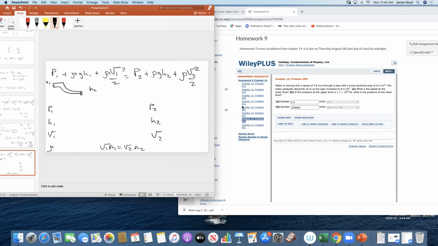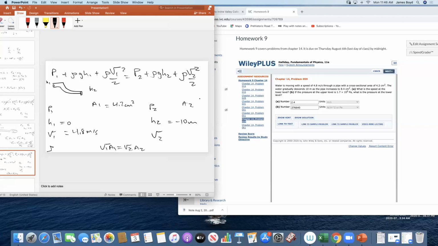They told me that it has a speed V1 of 4.8 meters per second, and that the cross-sectional area, sorry, I really should write A1 and A2 here too, was 4.2 centimeters squared. You don't have to change them, and you'll see why in a second. And then it drops 10 meters. So if I assume this is 0, I can assume this is negative 10.